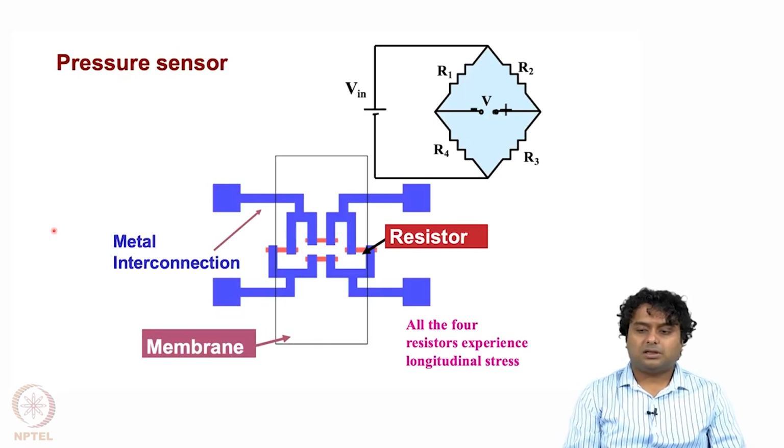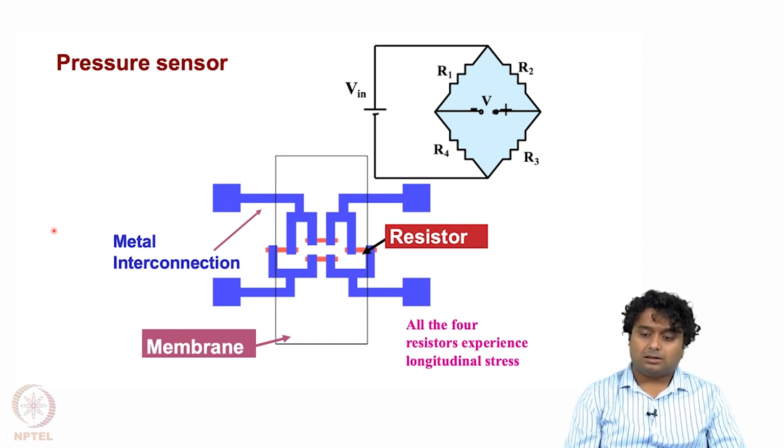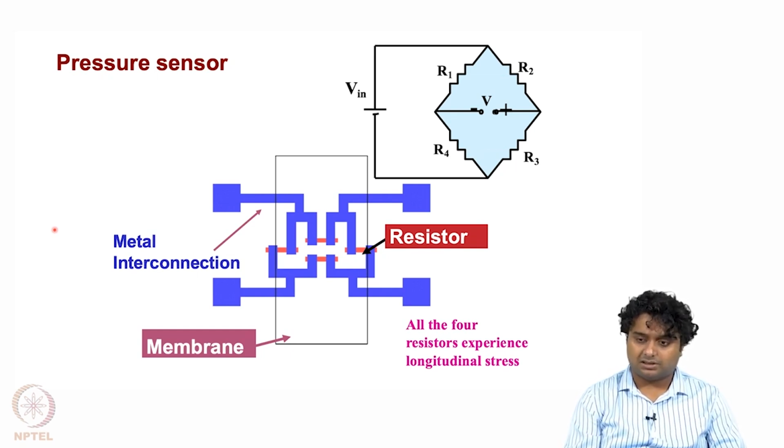So now we have seen how a pressure sensor can be made from scratch, starting from a silicon wafer, then doing silicon etching, then lithography, and then finally bonding two wafers to make the pressure sensor. And we have already seen how the resistors are connected in the Wheatstone bridge connection, and this is the membrane.